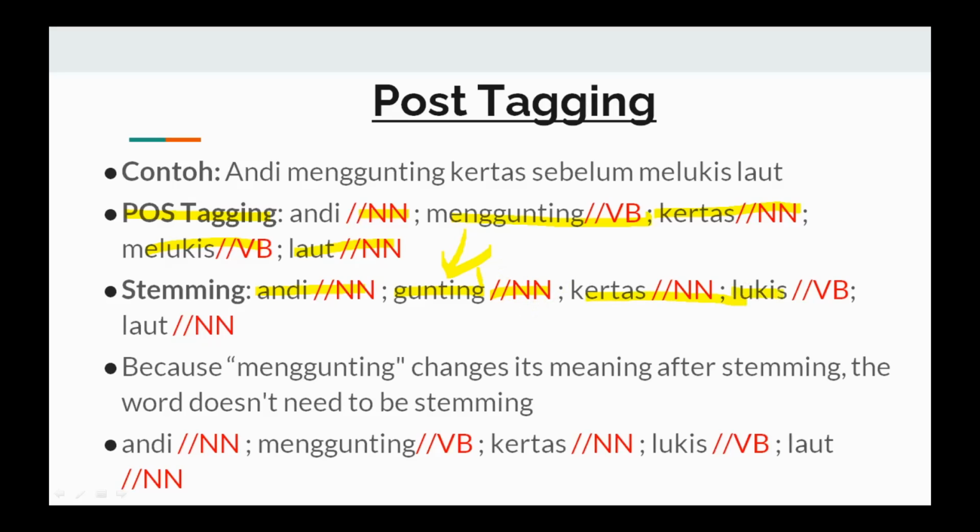Melukis, the basic word is lukis, and the tag set is the same, a verb, and then laut, a noun. Because menggunting changes its meaning after stemming, the word does not need to be stemmed, and we must convert it back to the first word, menggunting. So after stemming: Andi menggunting kertas lukis laut.